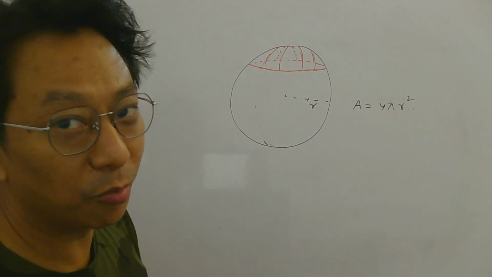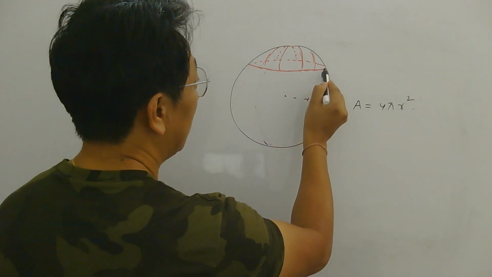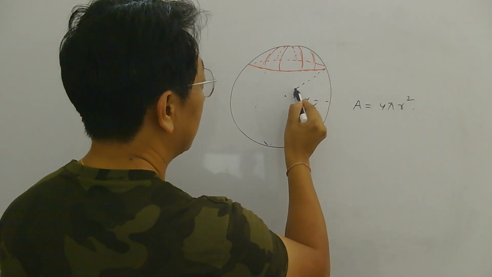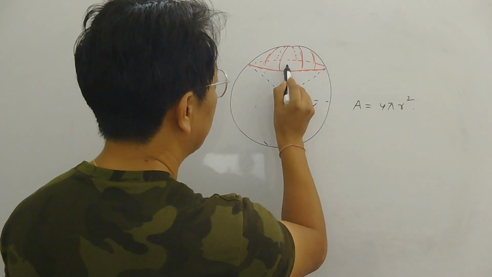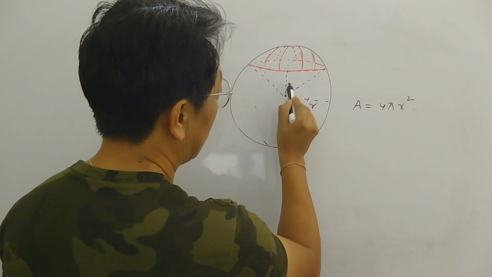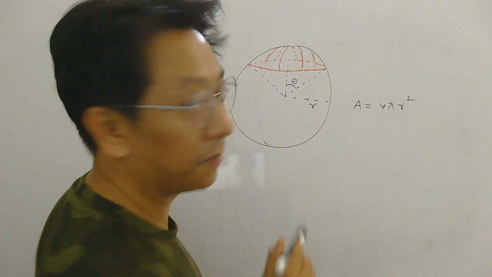Let me tell you that formula, which is important for JEE students to remember. So let's say the angle made by this circle at the center, the half of this angle, is, let's say, theta.